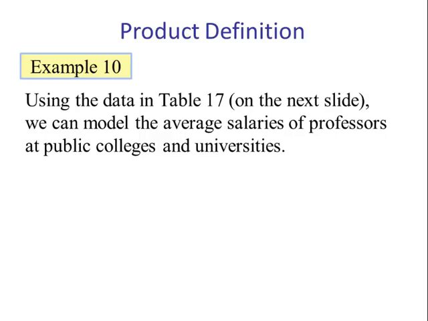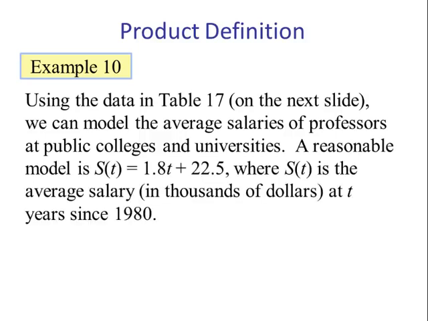Example 10. Use the data in Table 17 on the next slide. We can model the average salaries of professors at public colleges and universities. A reasonable model is S of t equal to 1.8t plus 22.5, where S of t is the average salary in thousands of dollars at t years since 1980.